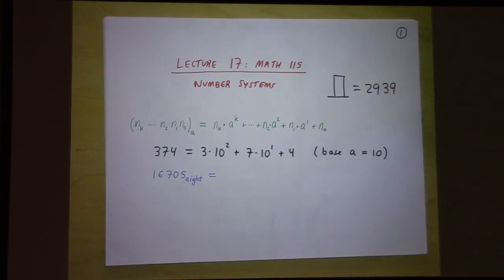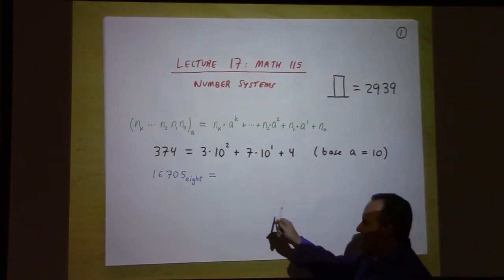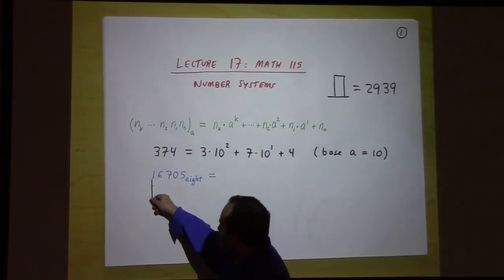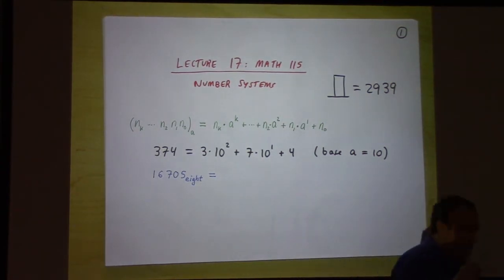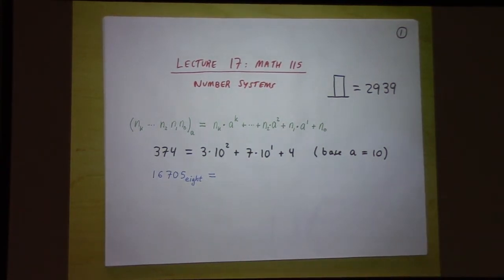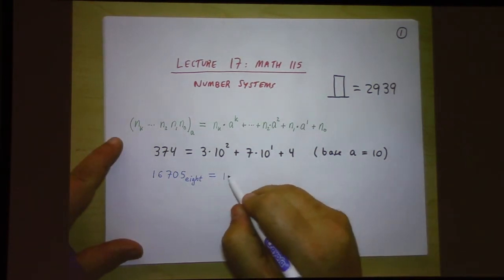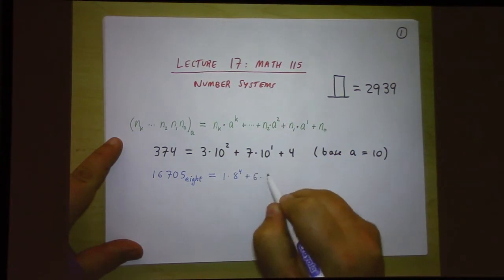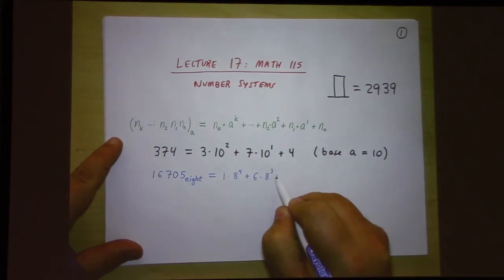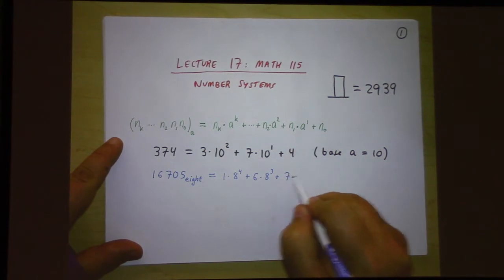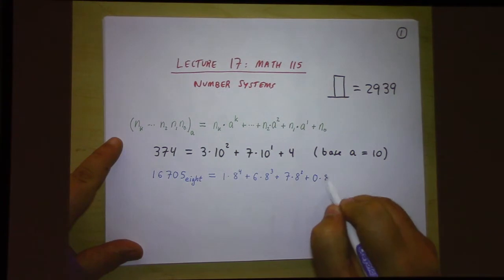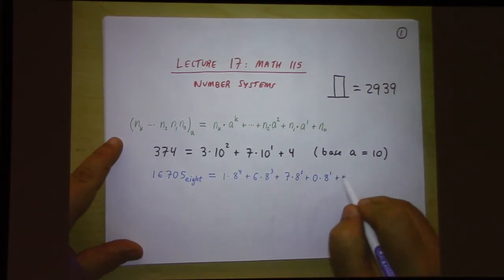If we're dealing with powers of 8, the ones digit is the 0 power, then 1, 2, 3, 4. 4 is my highest power, so I do 1 times 8 to the 4th power plus 6 times 8 to the 3rd power plus 7 times 8 squared plus 0 times 8 to the 1st power, and then plus 5.